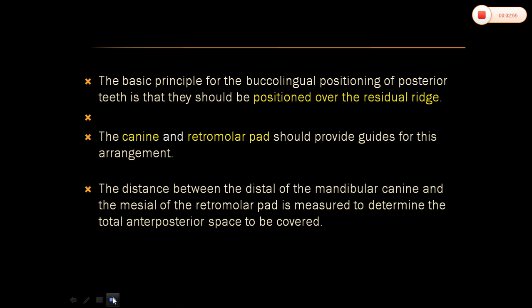The distance between the distal of the mandibular canine and the mesial of the retromolar pad is measured to determine the total anterior-posterior space to be covered. I repeat once again: the distance between the distal of the mandibular canine and the mesial of the retromolar pad is measured to determine the total anterior-posterior space to be covered.